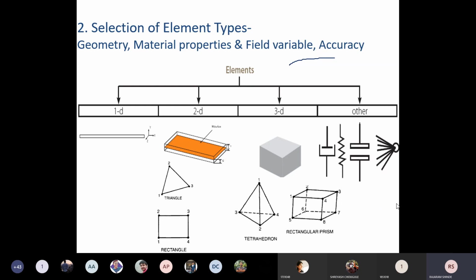Nikhil Kabade. Nikhil Kabade. Are you here? Which element will you prefer for the driver seat? Modeling of the sheet.